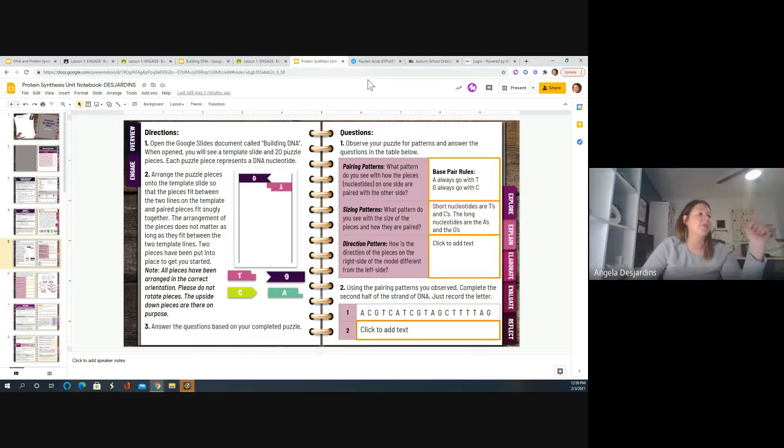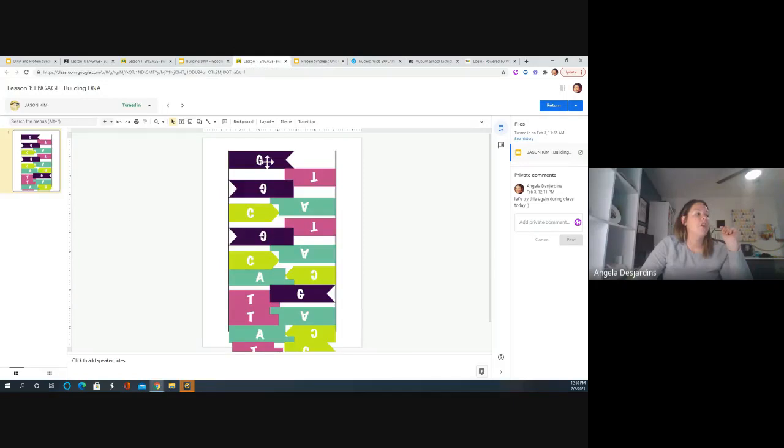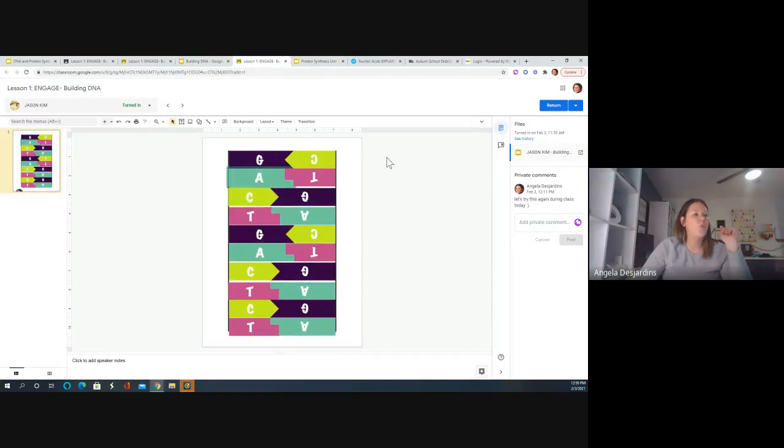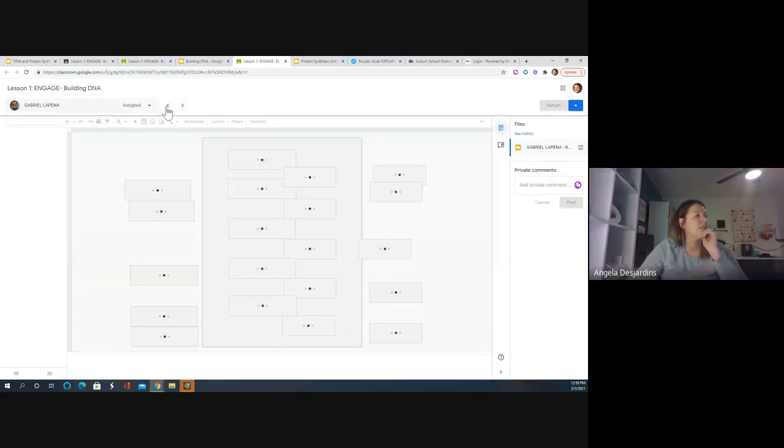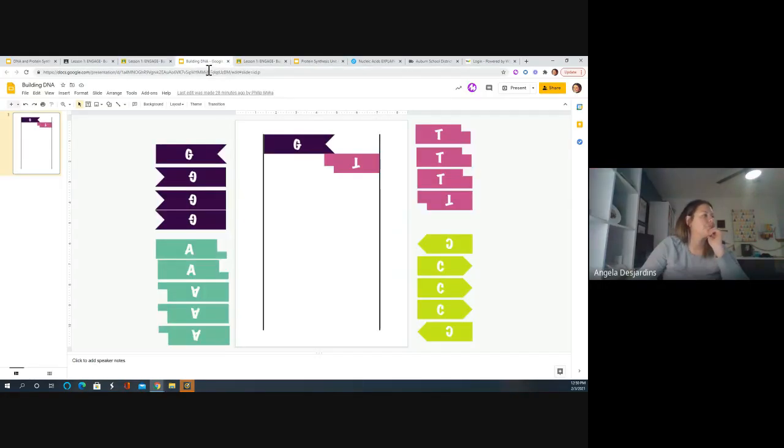Now, the last one has to do with the direction of the molecule, and the way that your nucleotides or your puzzle pieces faced. So what do we notice about the direction of those puzzle pieces? Let's see if I go back.